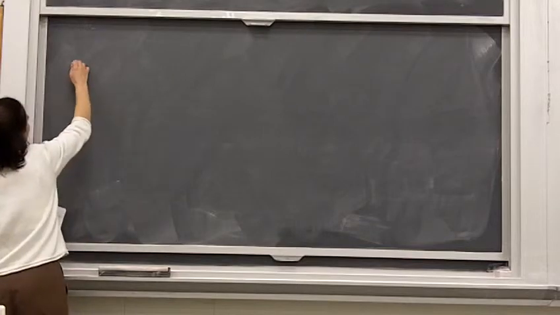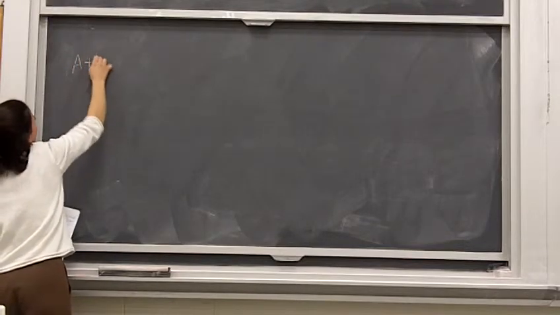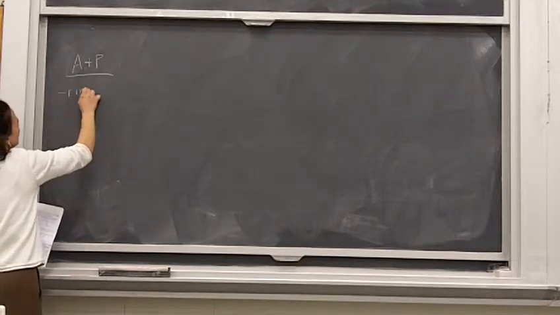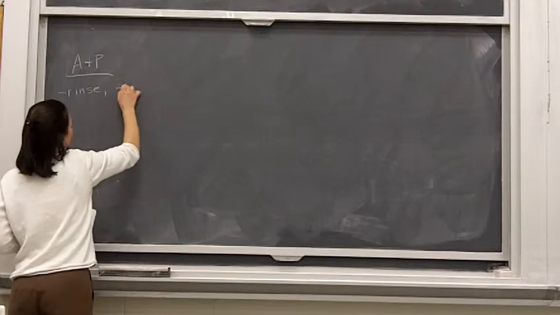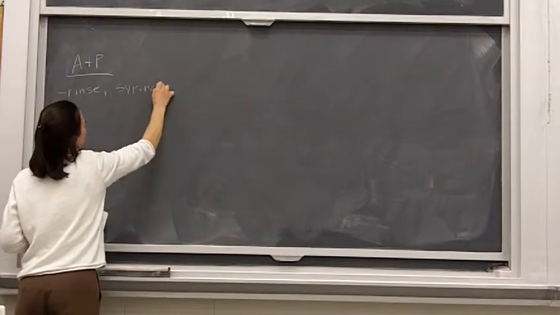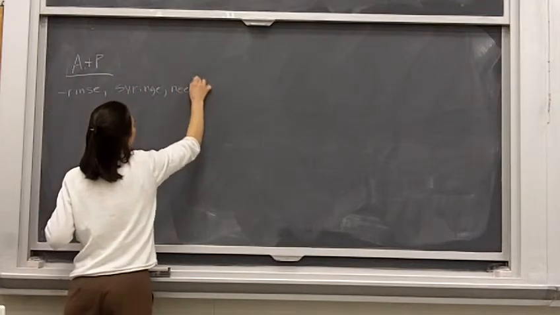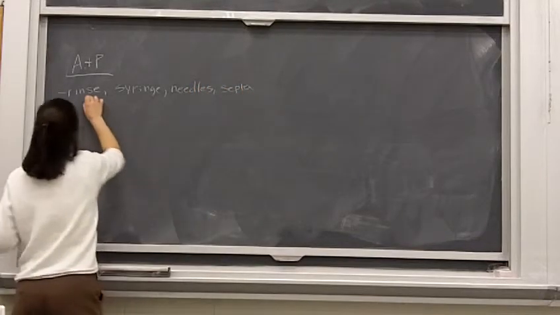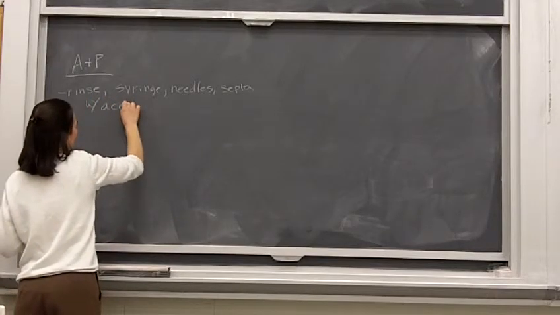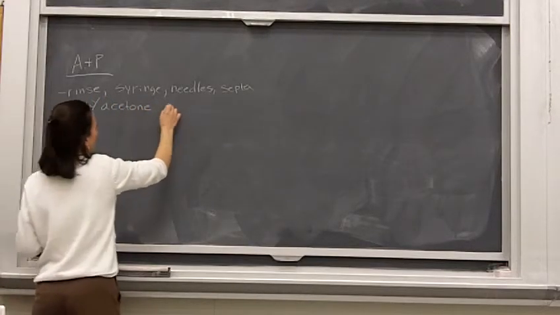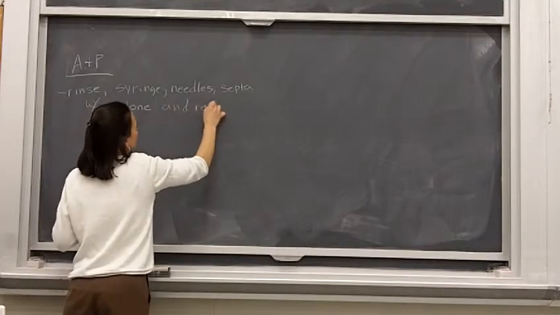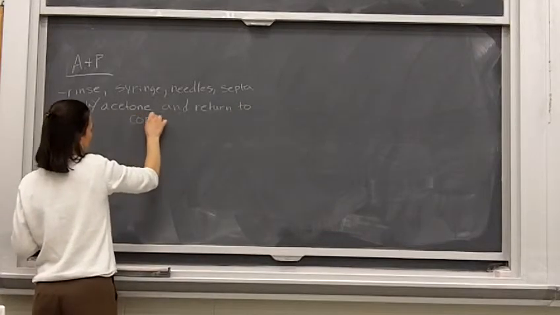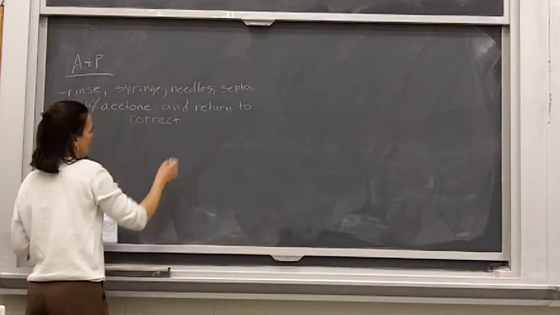So, for A and P, acetyl and propionyl chloride, you're going to rinse your syringe, needles, and septa with acetone and put them in the right container in the reagent hood. And there are containers for used versions of all these things in the reagent hood.